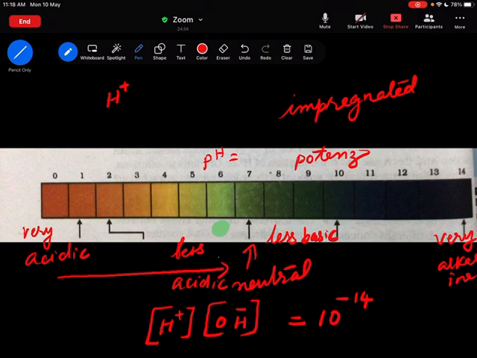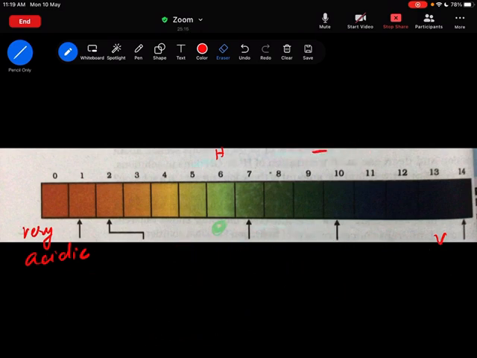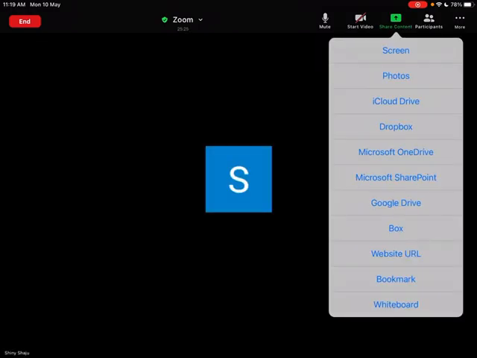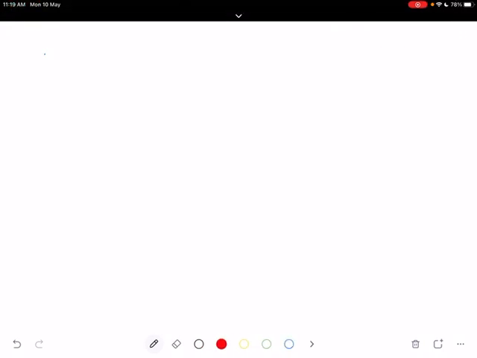Now, this concentration we generally express in terms of molarity. Let's see what molarity is.